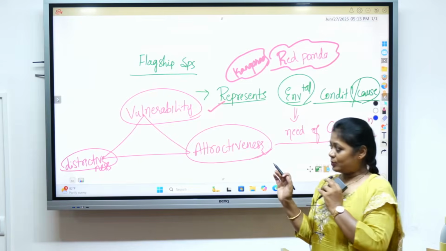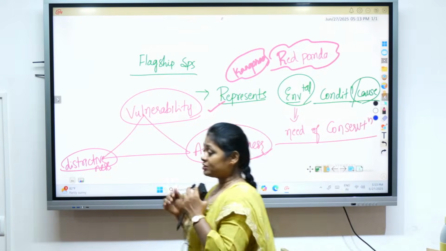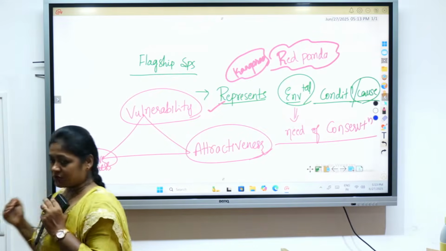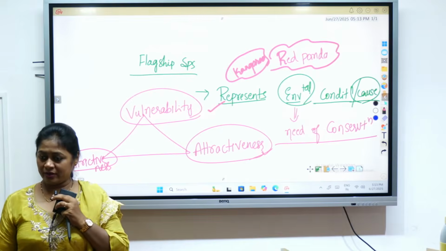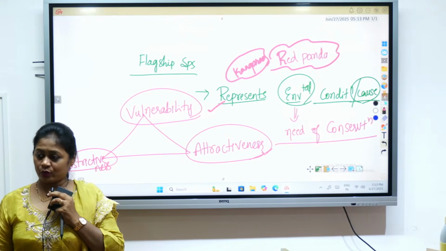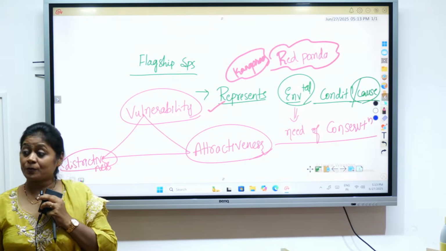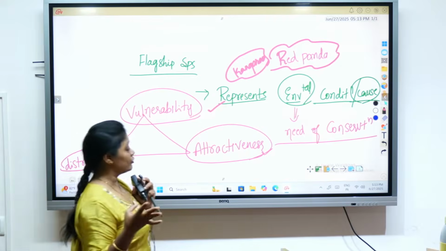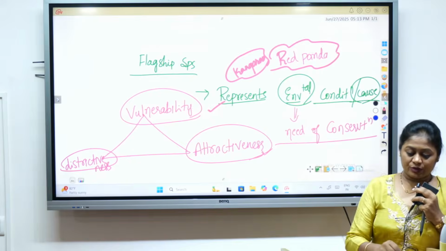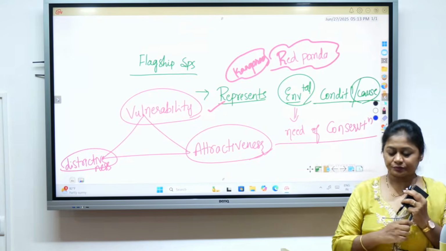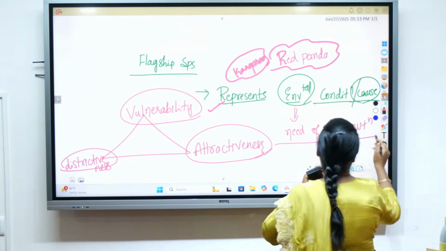These are certain key terminologies you must focus on. One is invasive, second endemic, third keystone, fourth indicator species, and fifth flagship. Now you come to biodiversity.